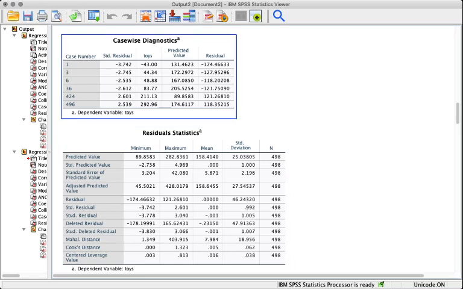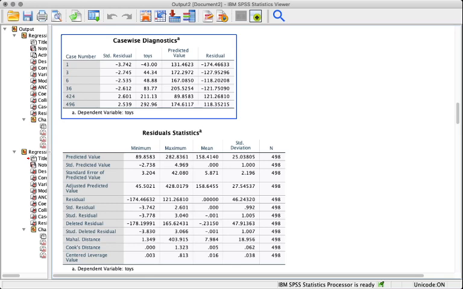This is using a 2.5 cutoff, which, as we discussed in last lab, since there are about 500 cases here, is a little bit conservative. 3 would be a more liberal cutoff that I would probably be more likely to use. But these are ones that have been flagged as possible problems.